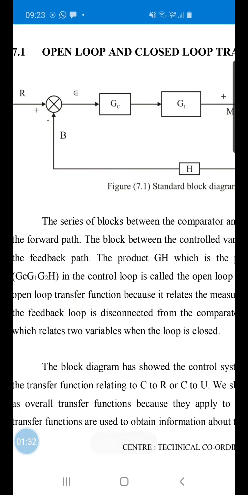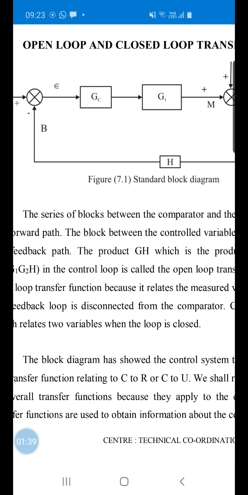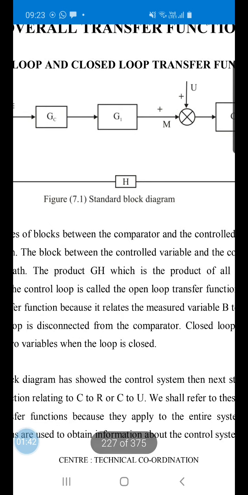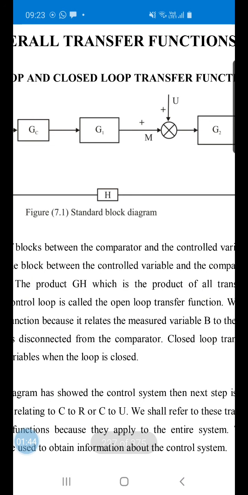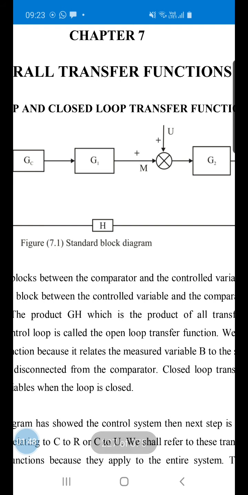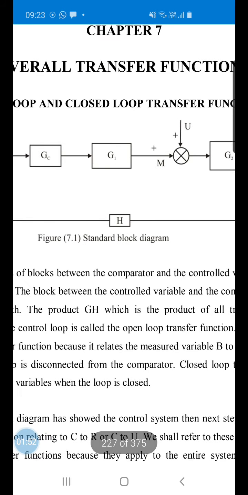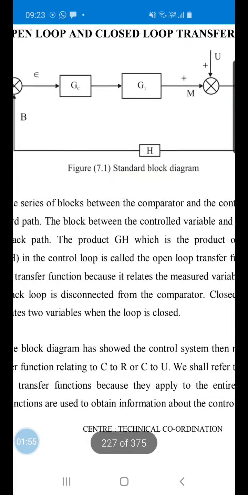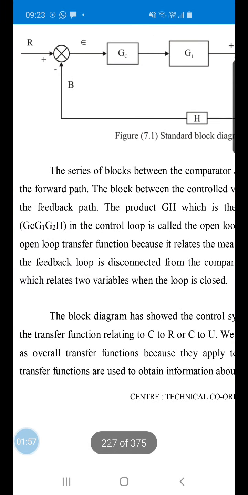The product G into H, where G is GC, G1 and G2, and H is the feedback transfer function, is called the open loop transfer function.